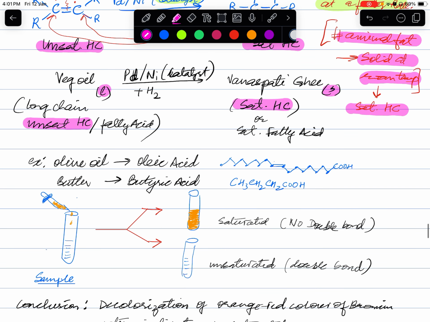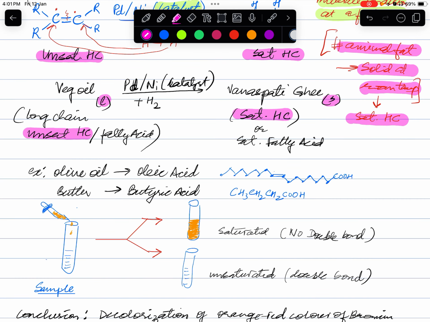Now, we have a new terminology here. Your vegetable oil is made up of long chain unsaturated hydrocarbon or long chain fatty acid. Okay. Or your vanaspati ghee is made up of saturated hydrocarbon or saturated fatty acid. What are fatty acids?